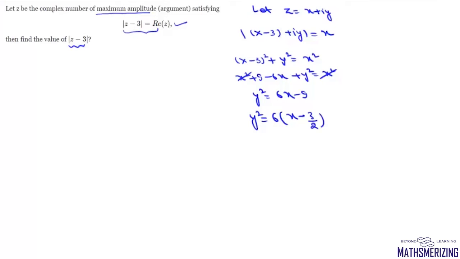If we compare it with the standard parabola, y square equals 4a capital X, in this case the value of a is simply 3 by 2. So we have this parabola whose vertex is at 3 by 2, comma 0. So we'll draw this parabola.